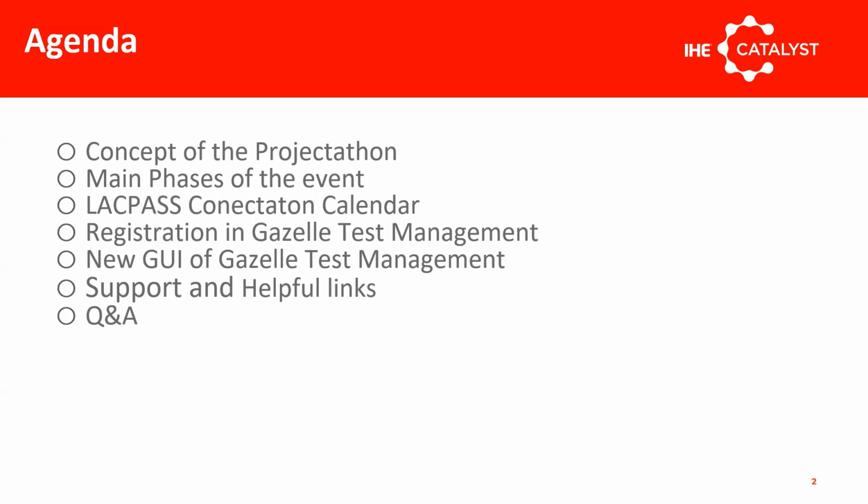I will also show you the new GUI of Gazelle Test Management, because if you participated in the last LagPass Connectathon and the G20 Pilot Connectathon, you will see that the interface has changed. So we will share the new updates.